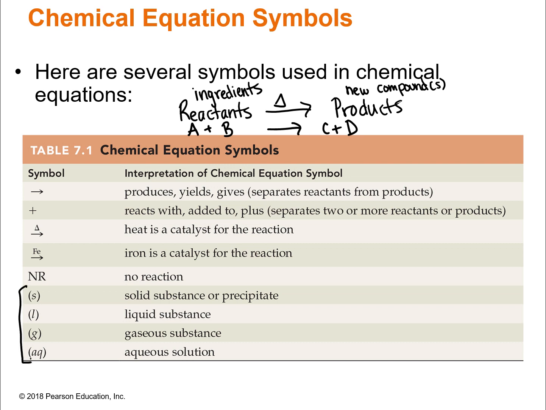The last few symbols talk about the states of matter. You have to indicate whether something's a solid, a liquid, a gas, or dissolved in water, which is what aqueous is.